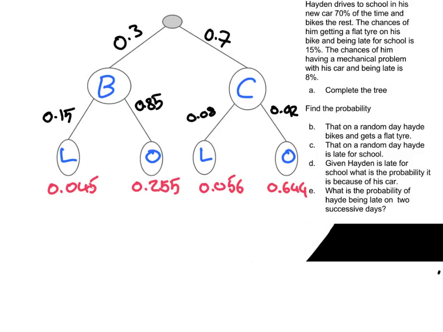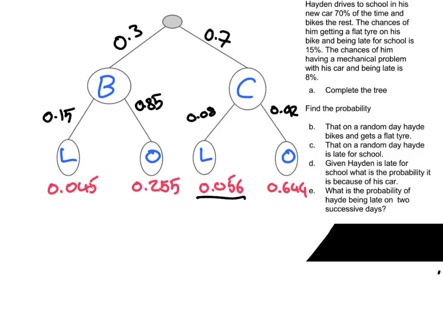We've got our table all filled out, we're good to go with that, but we need to make sure we're answering these questions correctly. So, given that Hayden is late for school, what is the probability he is in his car? Okay, so what we're actually really looking at here is the probability that he is late in his car against the probability that he is late at all.